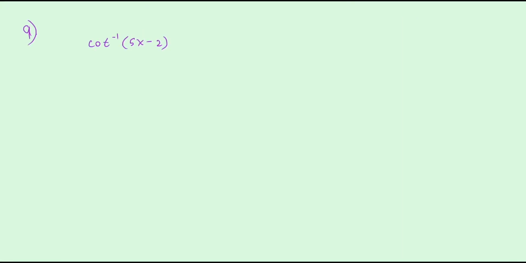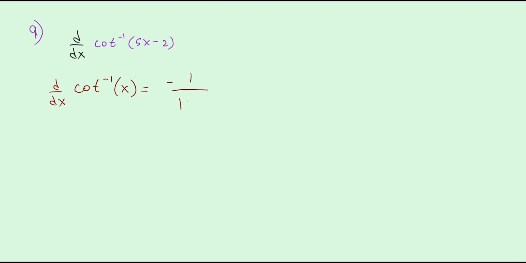In this example, we are finding the derivative of an inverse function, which is inverse cotangent of 5x minus 2. To derive this, first we need to know the derivative of an inverse cotangent. The derivative of an inverse cotangent function is -1 over 1 plus x squared.